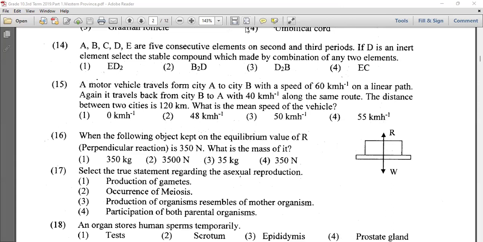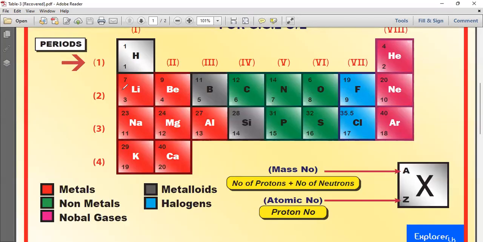I'm taking this periodic table, so you have the second period here, and this is the third period. They are talking about A, B, C, D, E, and they say D is an inert gas. The word consecutive is quite important here, right?